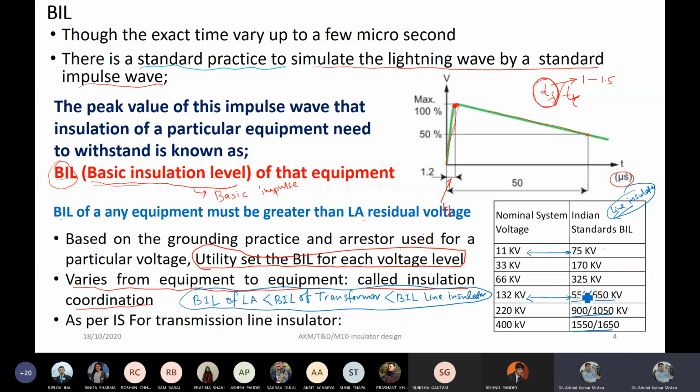But for you as a beginner, you will be given only one as practice. So for all the voltage levels adopted by that particular utility, they already have set criteria for the BIL level of line insulator, and once you design this, you will be provided with that.